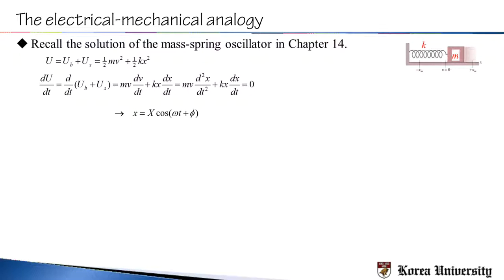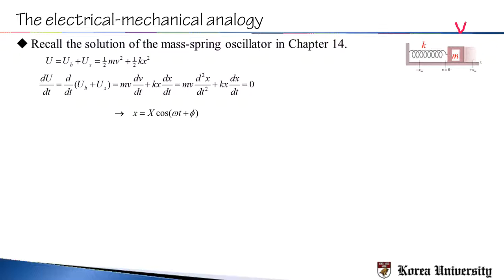So we have just seen how the electric energy and magnetic energy oscillate back and forth in a circuit including an inductor and a capacitor. And this oscillation of energy between two different types of energy is exactly the same as what we learned in the spring semester from the block spring oscillation.